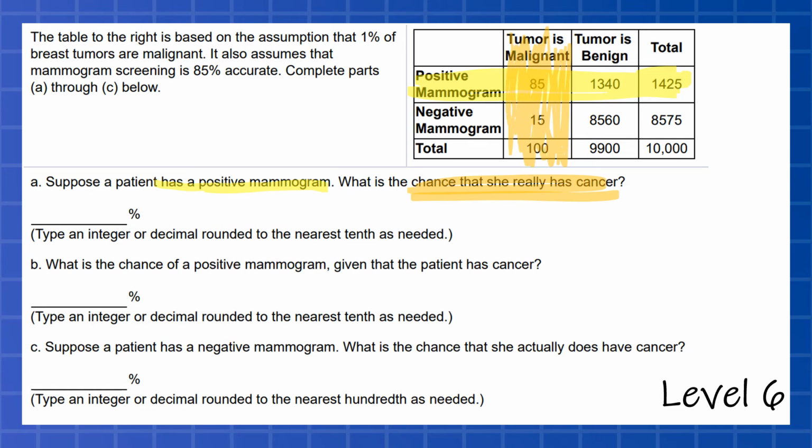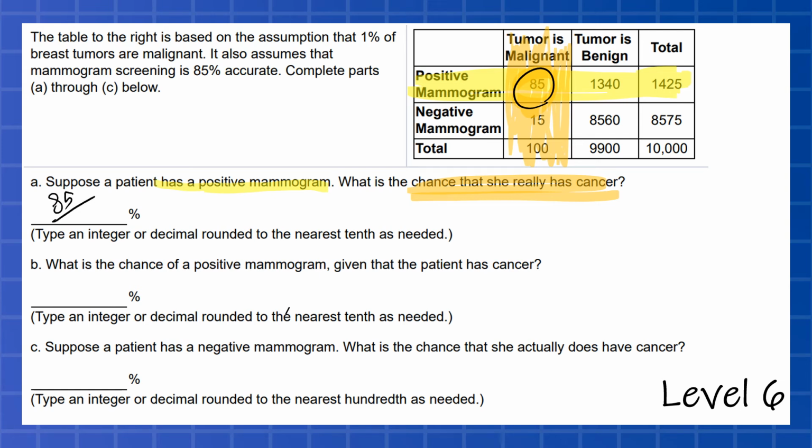What you'll notice is we've got that column and that row, and we're going to use the 85 that's in both for our numerator, 85. And we're going to divide it by our total.